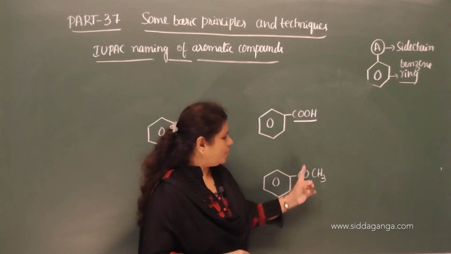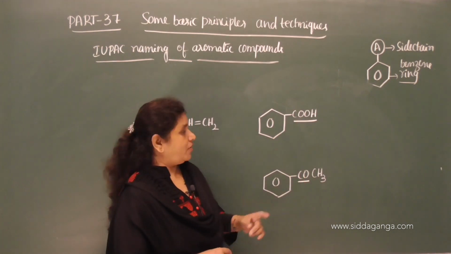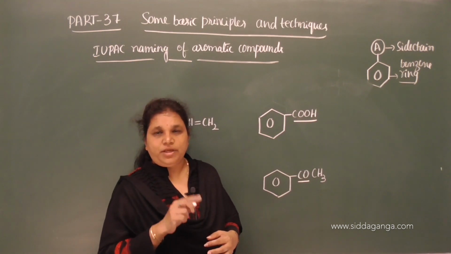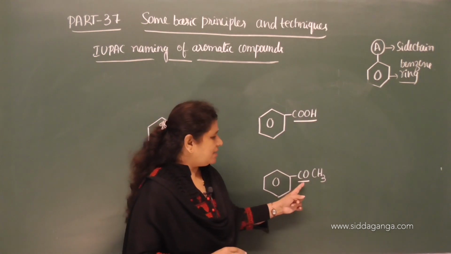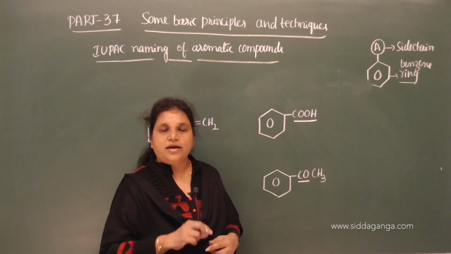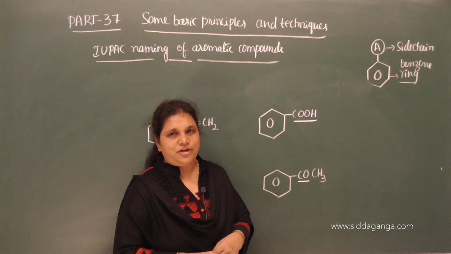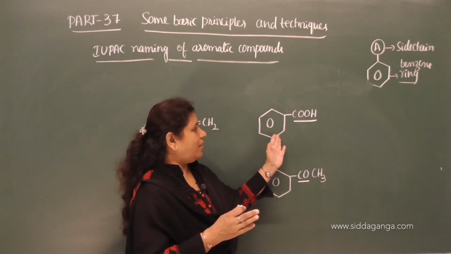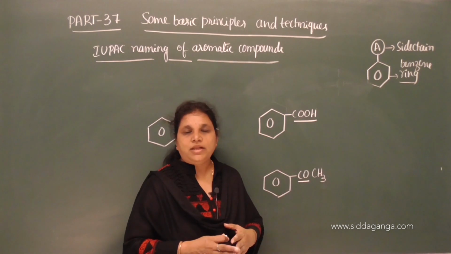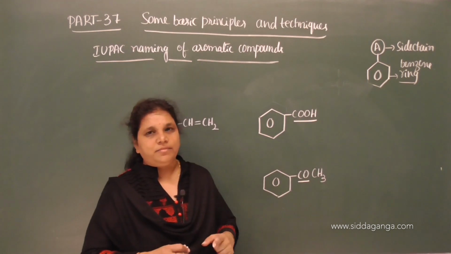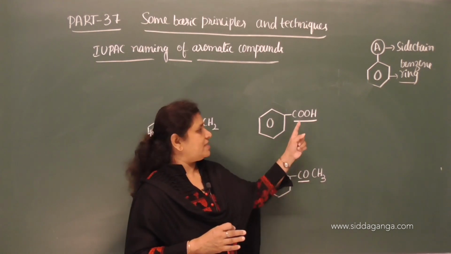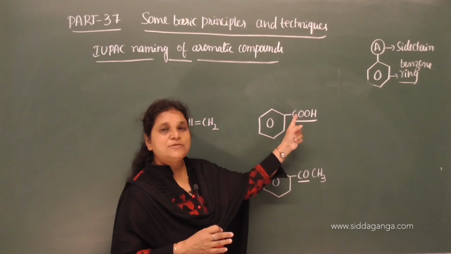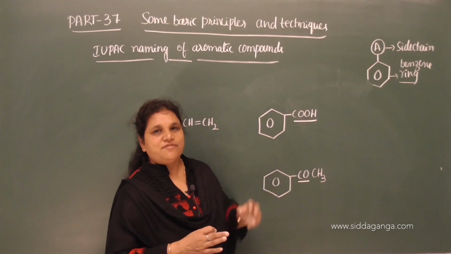And this functional group is different, because this functional group is a carbon containing terminal functional group, and this one is a carbon containing non-terminal functional group. Whenever the side chain has a carbon containing terminal functional group directly attached to the benzene ring, then we need to use special secondary suffixes for this.